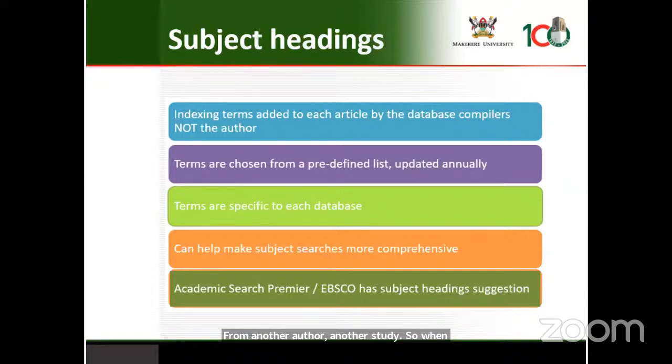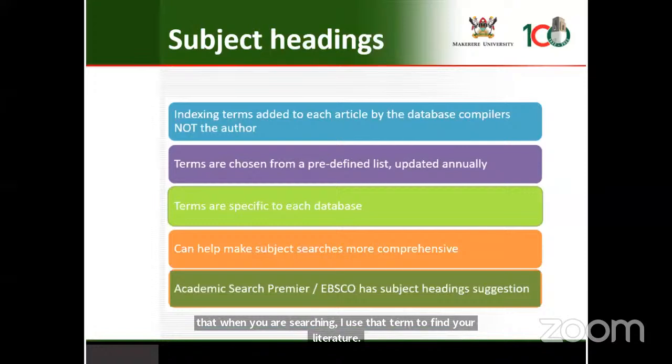So when you send those 3 keywords, they look for those that may be new out of what you have sent, and they add them to their database as an index term, so that when you are searching, you use that term to find your literature, find your study. Is it any better? Great.